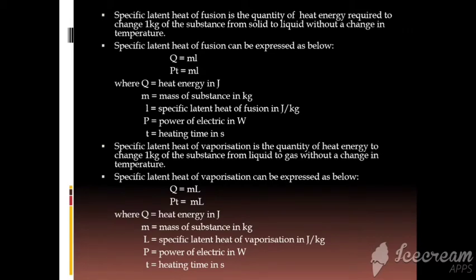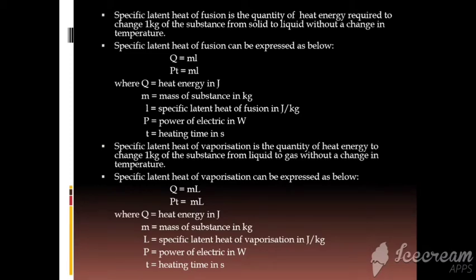Specific latent heat of fusion is the quantity of heat energy required to change 1 kilogram of the substance from solid to liquid without a change in temperature. Specific latent heat of fusion can be expressed as below.